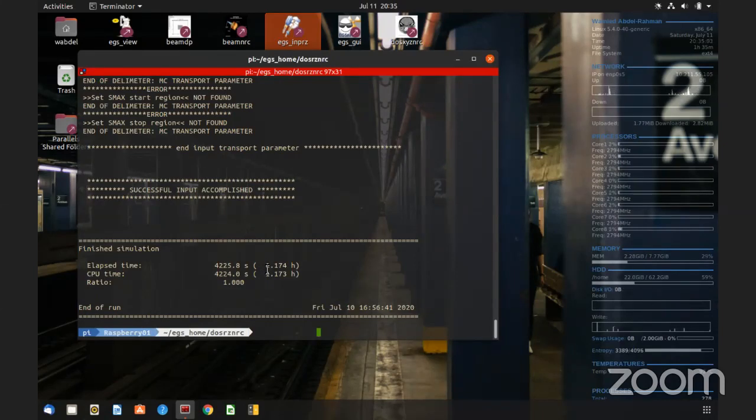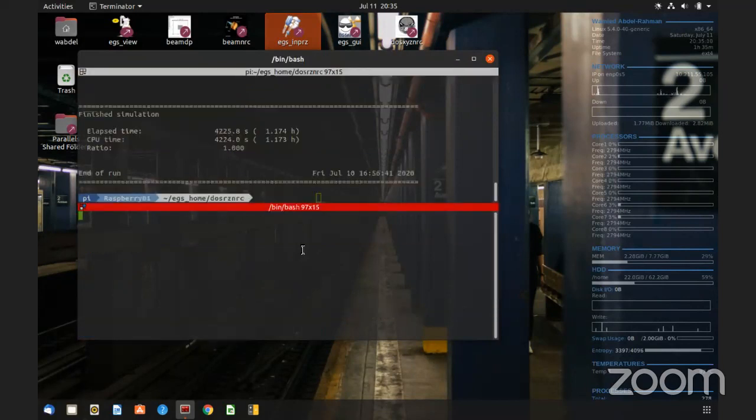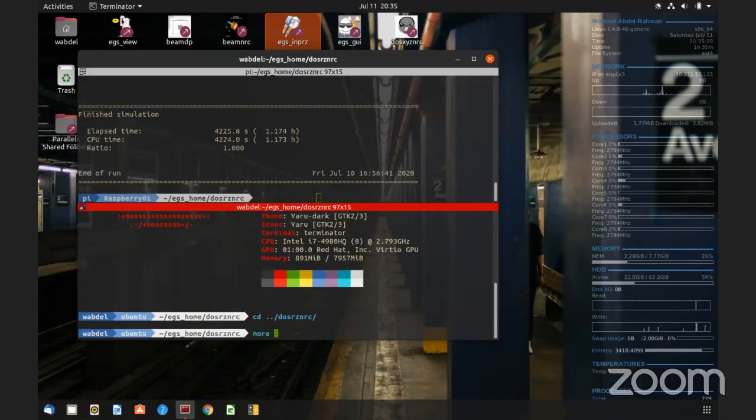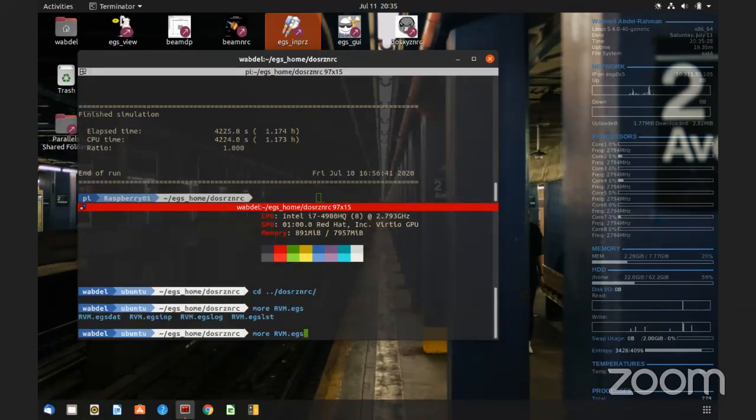It has a less powerful CPU. Now, let's look at the same thing on my virtual machine. CD, and then those are set. Okay, so this is on my virtual machine on my Mac. So this is one CPU. I'm not doing parallel processing.